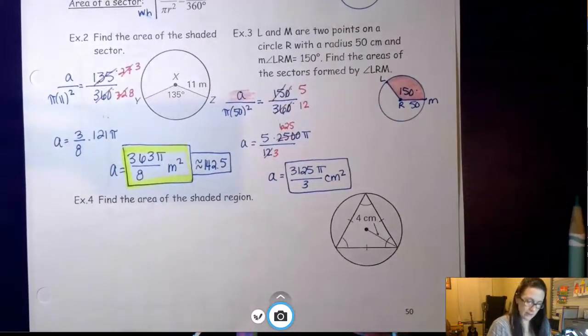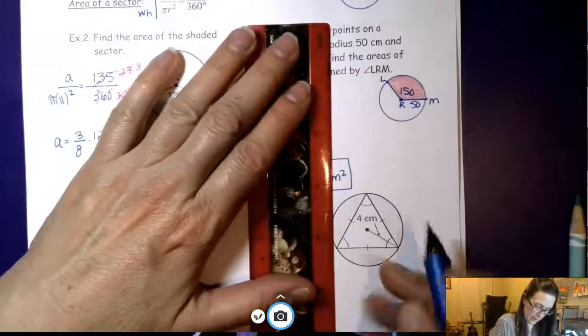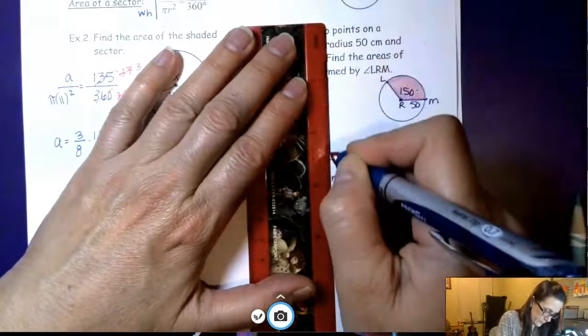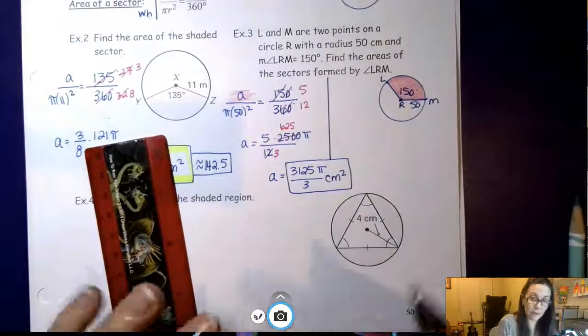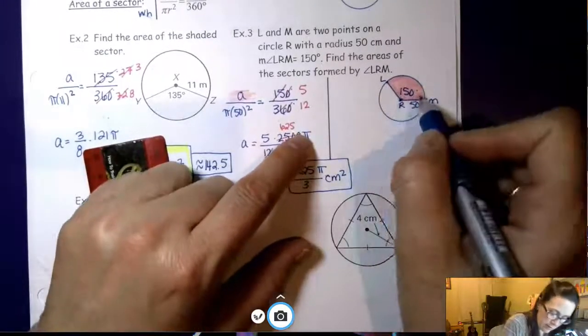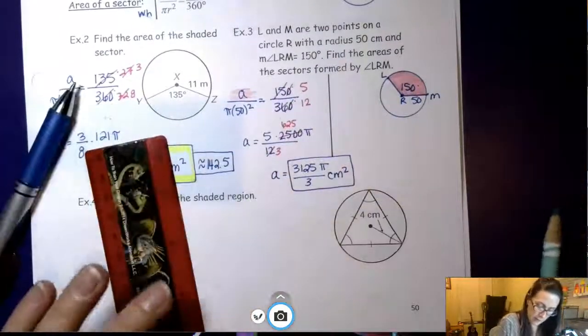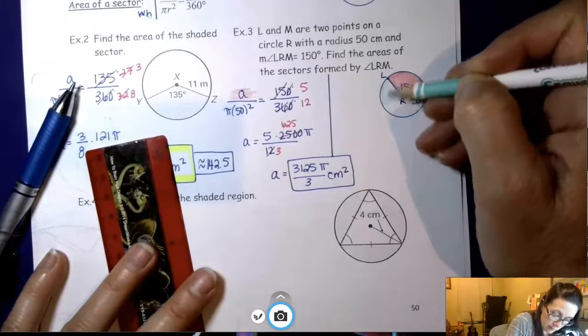Now, the next question doesn't say just that sector. It asks for both sectors. So if it's asking for both sectors, I either want to do this again for this arc, which, if this is 150, this over here is going to be 360 subtract 150.